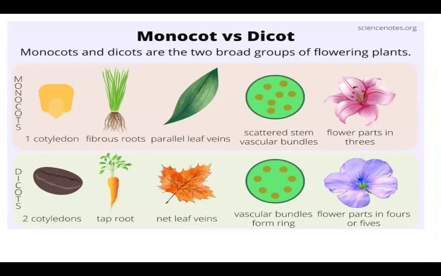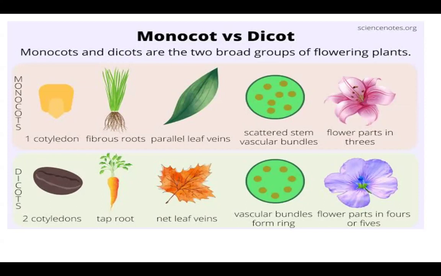Monocots basically have fibrous roots and parallel venation. If you have seen a maize plant, the bhutta plants, they are fibrous and have parallel venation. They have scattered vascular bundles in the stem. The flower parts are in groups of three.